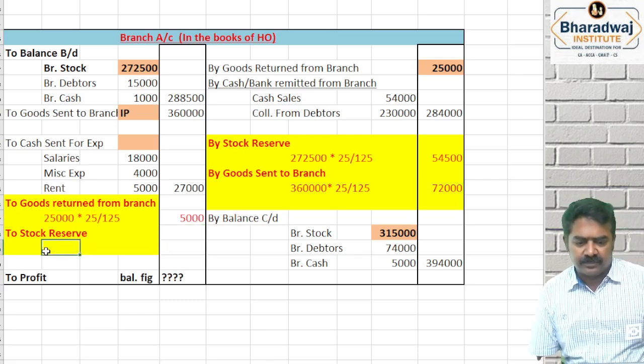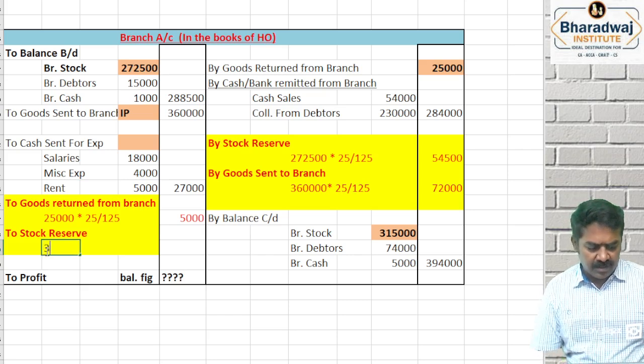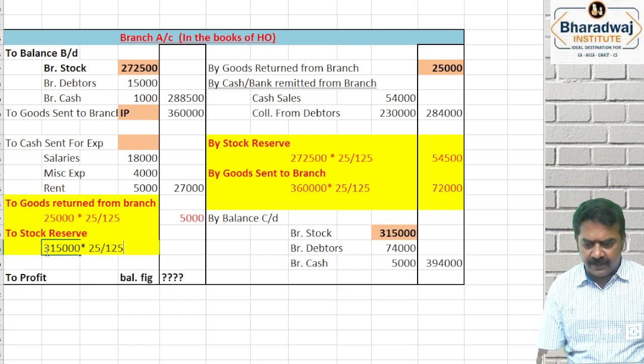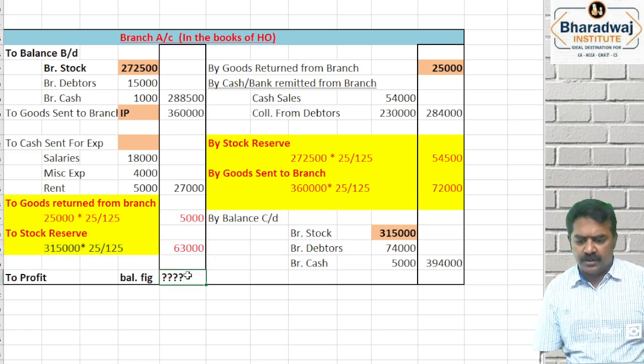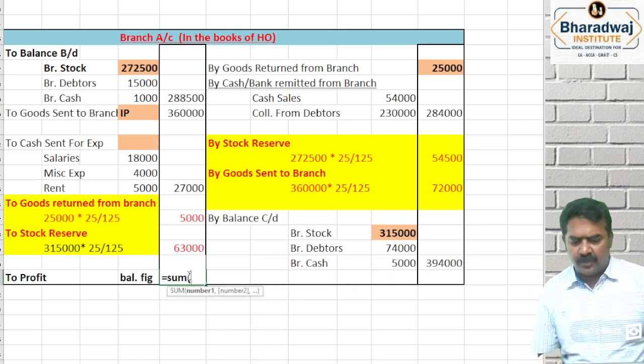Next, closing stock. 3,15,000 into 25 by 125. 63,000. Tally this, you will get profit as a balancing.